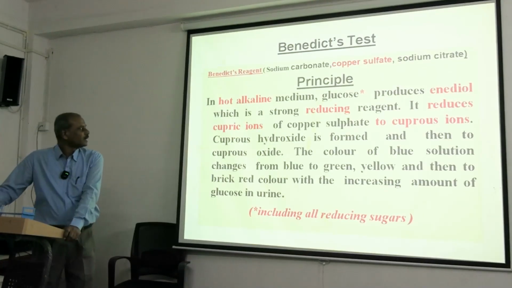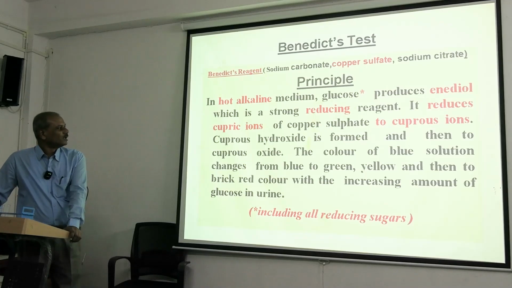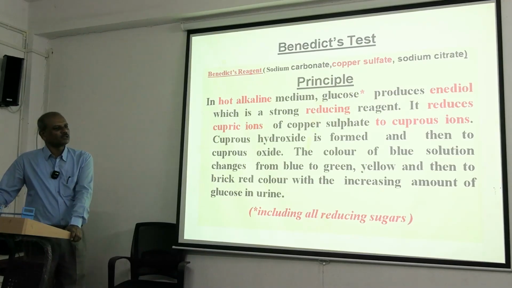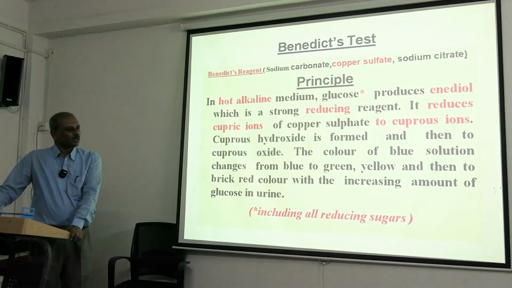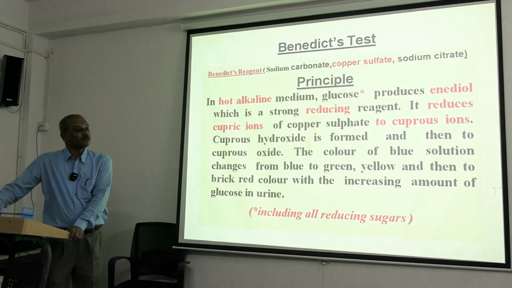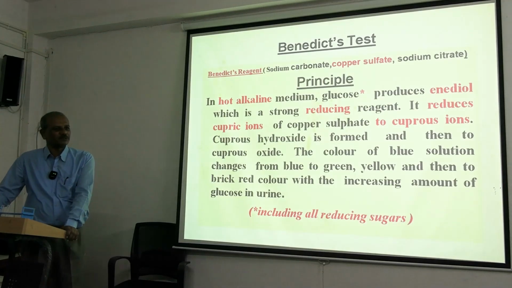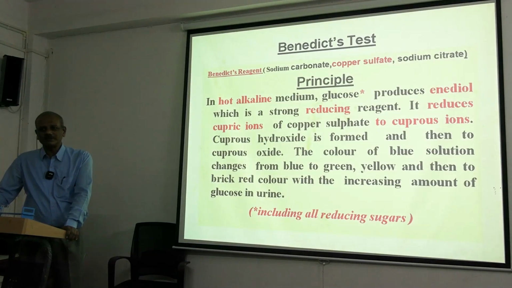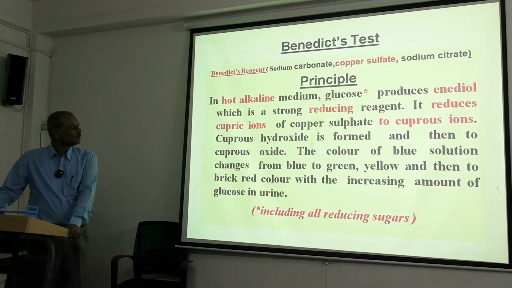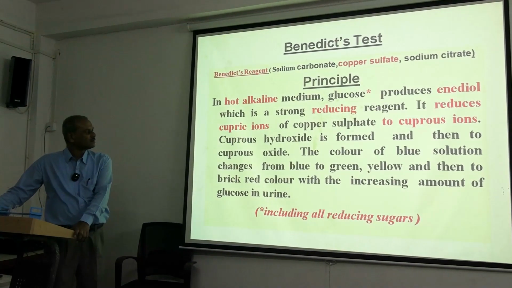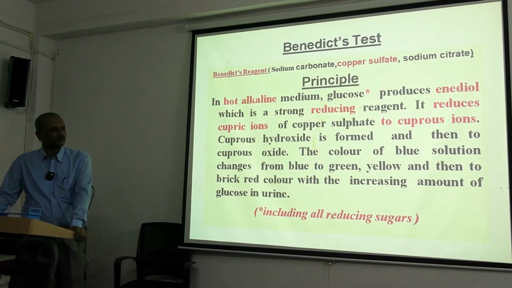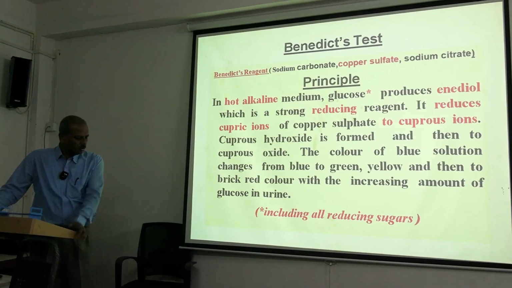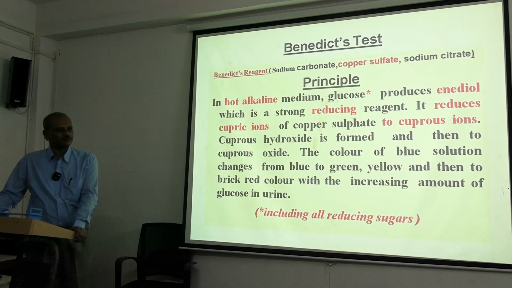So in a hot alkaline medium, glucose, including all reducing sugar, because I have not written specifically glucose, I have written sugar. So basically all reducing sugars give this test positive. Glucose is also a reducing sugar. So glucose, including all reducing sugars, produces enediol. I will tell you what is enediol.